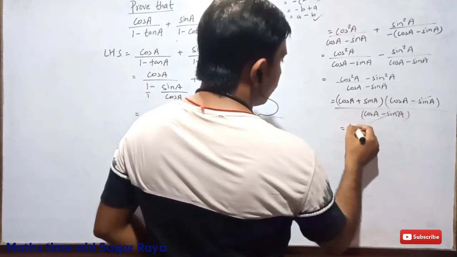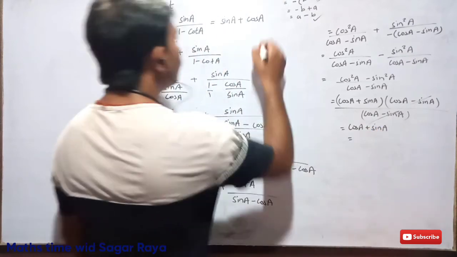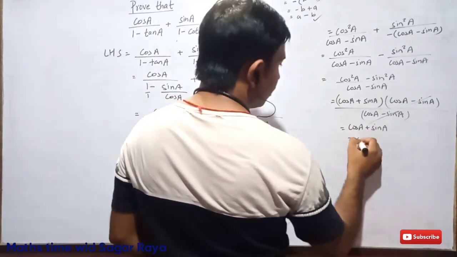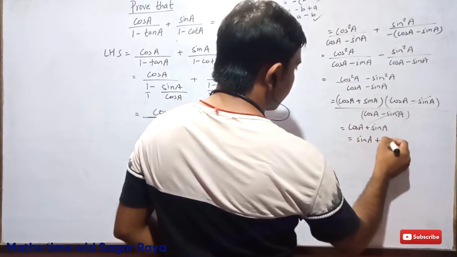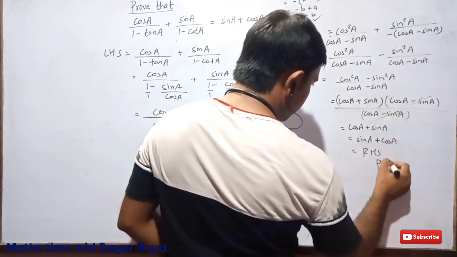Now we get cos A plus sin A, which is equal to RHS. Sin A plus cos A or cos A plus sin A, it is the same thing, which is equal to RHS.